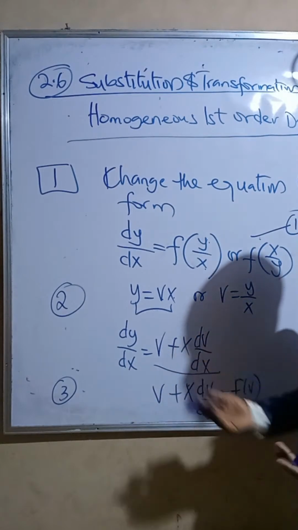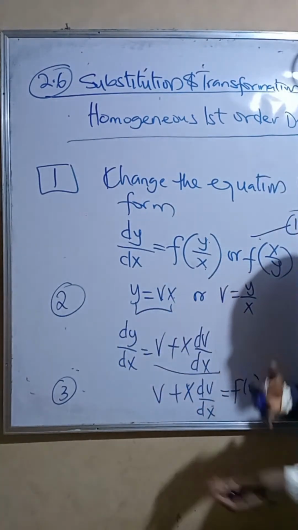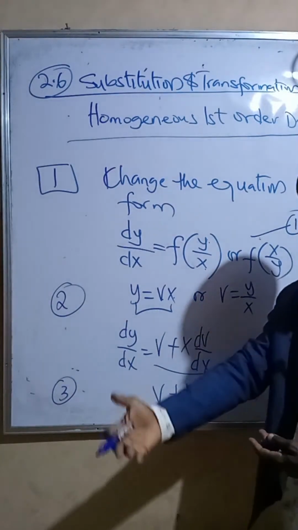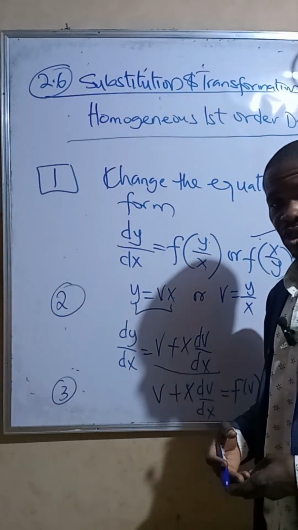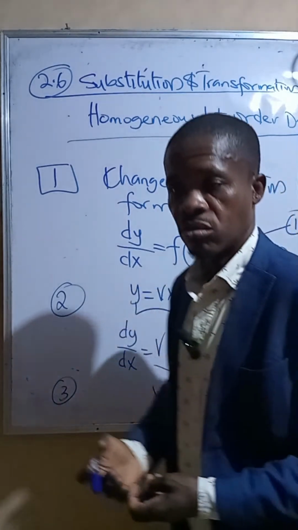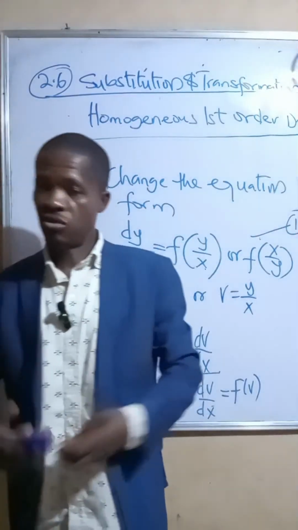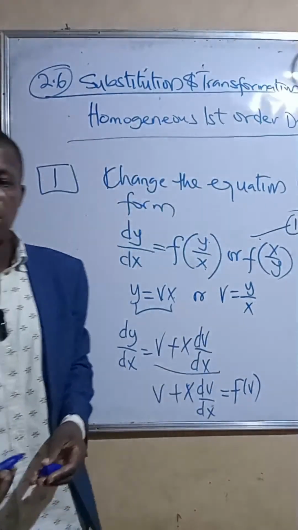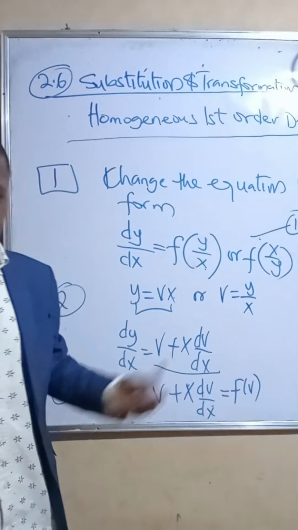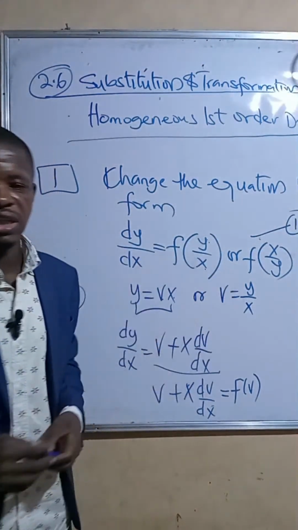Then the process continues. Something will cancel out, then you use separation techniques. You separate the variables, and then do the process for separation techniques.